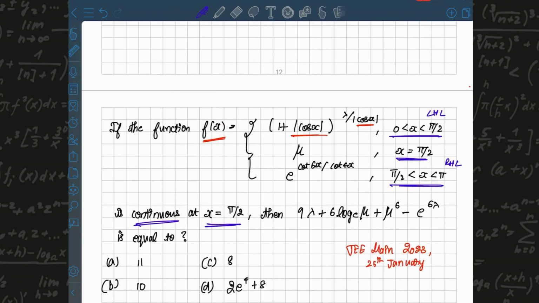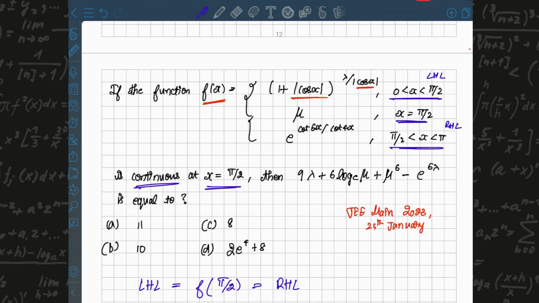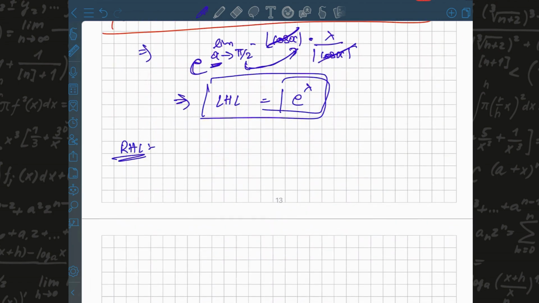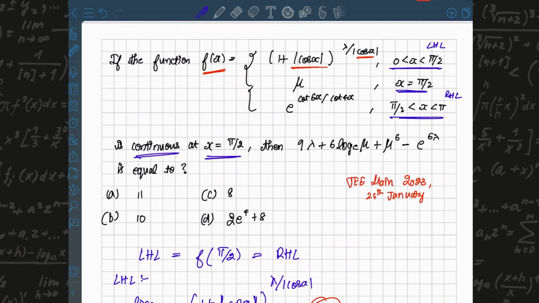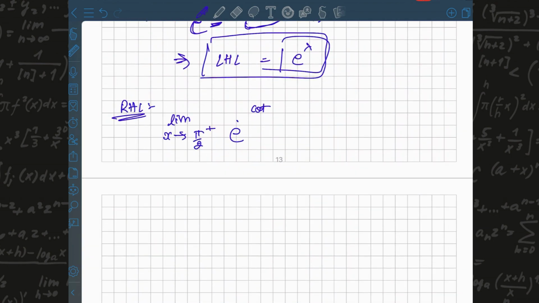What is RHL given? e power cot 6x divided by cot 4x. So let's write it. Limit x tends to pi by 2 plus, for denoting RHL, e power cot 6x divided by cot 4x.